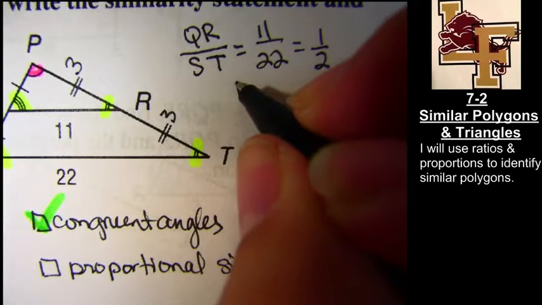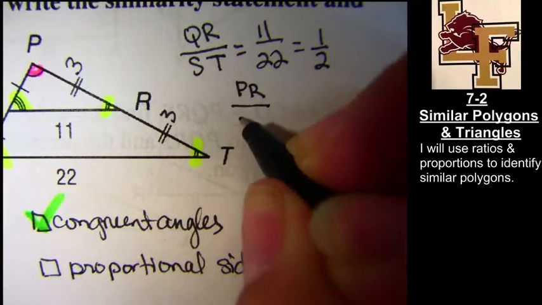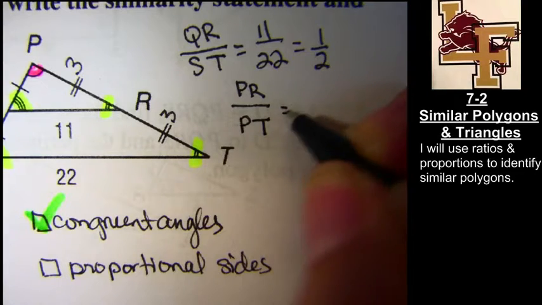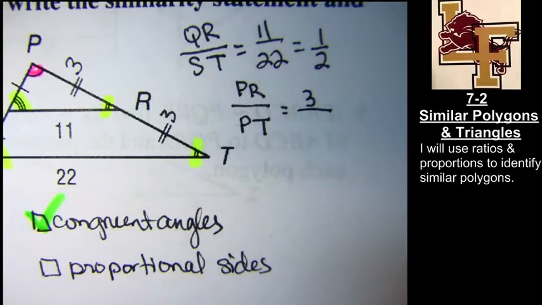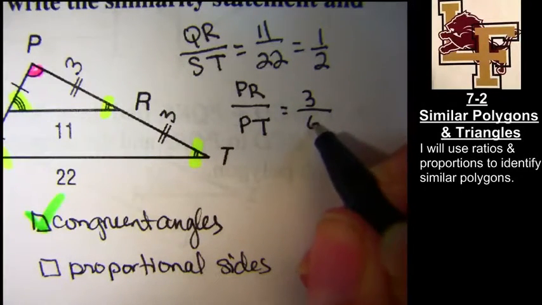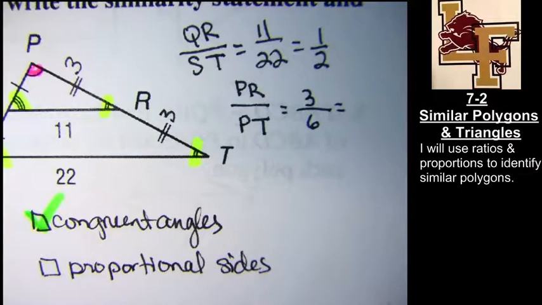So now we're going to set up our proportion. PR to PT. PR is 3, but PT is 3 plus 3. 3 over 6 reduces down to? It's the same thing.